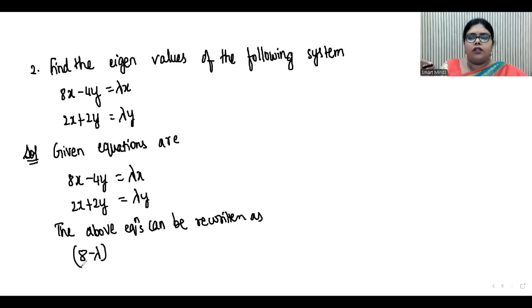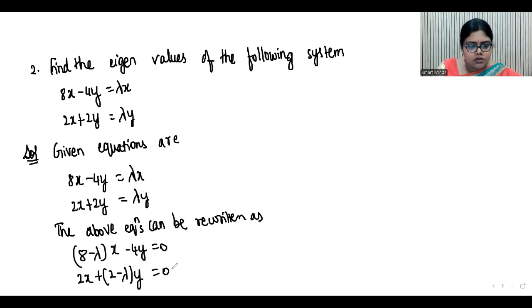I am bringing all the right hand side terms to the left hand side and taking x common. So I got (8 minus lambda) into x minus 4y is equal to 0. In the second equation, if we bring lambda y to this side and take y common, you will get 2x plus (2 minus lambda) into y equals 0. Let's say this is equation number 1 and equation number 2.